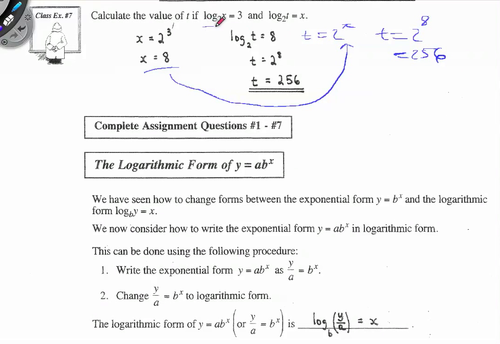But that's using both this and this to figure out what t is. Because there are two unknowns, two variables, we found x first. We calculated x using this equation and substituted it into here to find t.